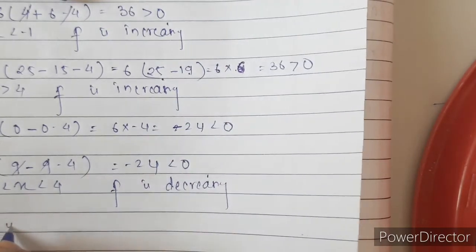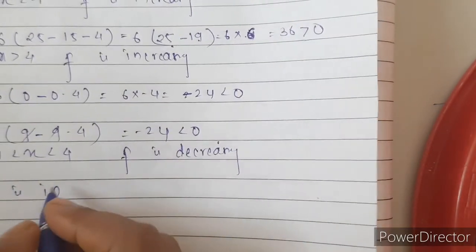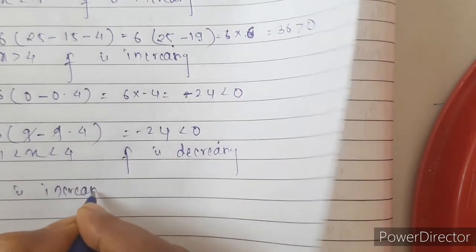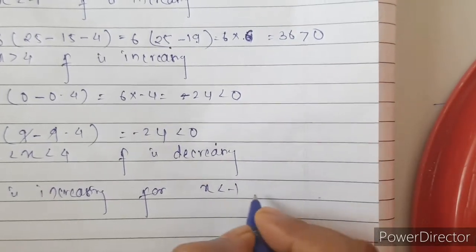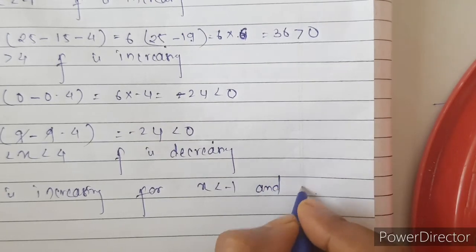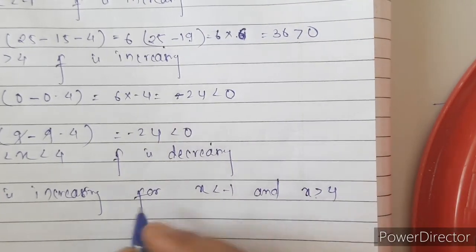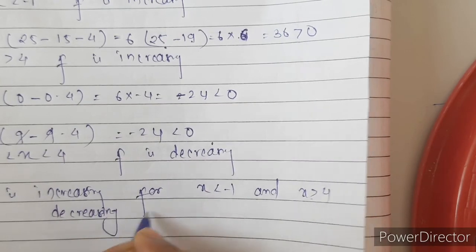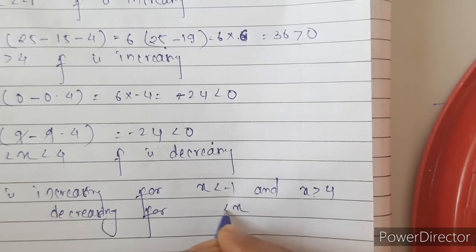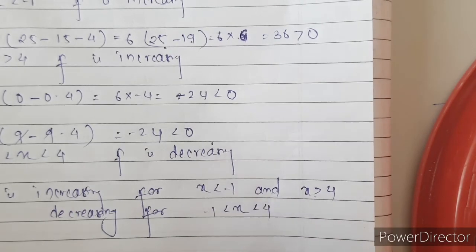So f is increasing for x less than minus 1 and for all x greater than 4, and decreasing for x in between minus 1 and 4.